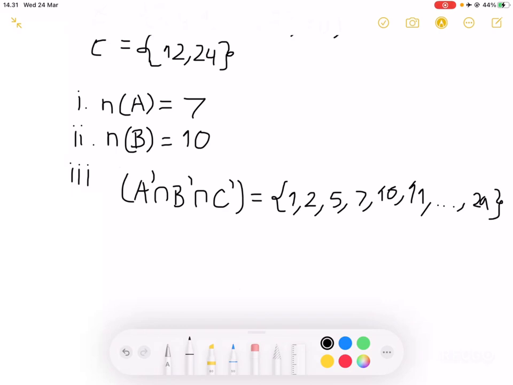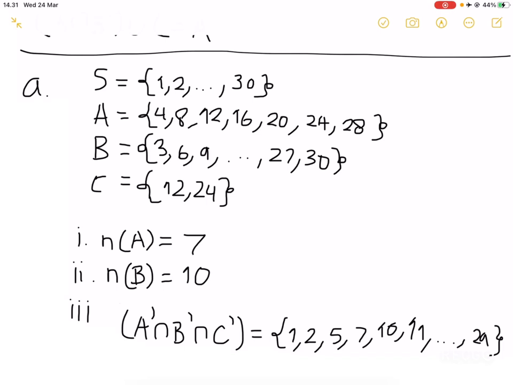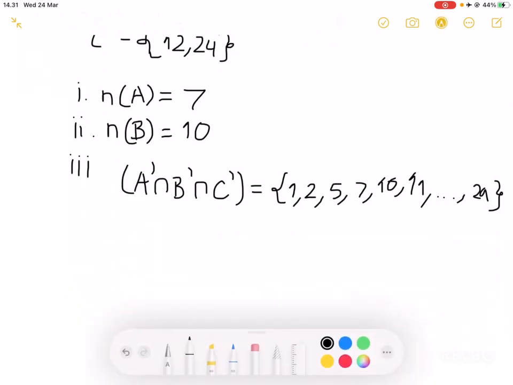I'll let you play around with this and try to discover it on your own, and you'll get that the number of elements in this operation will be 15.